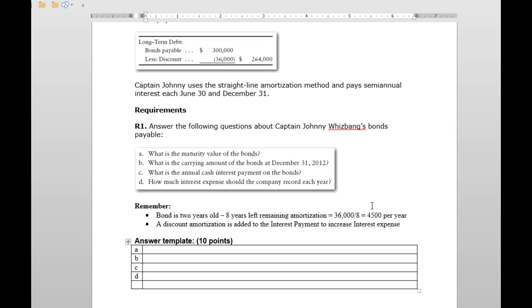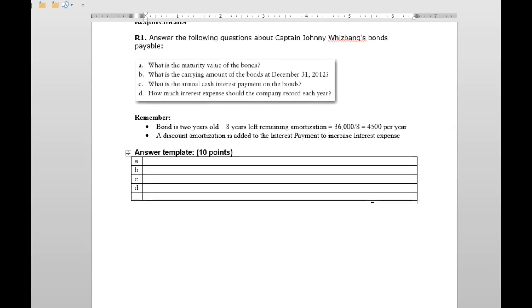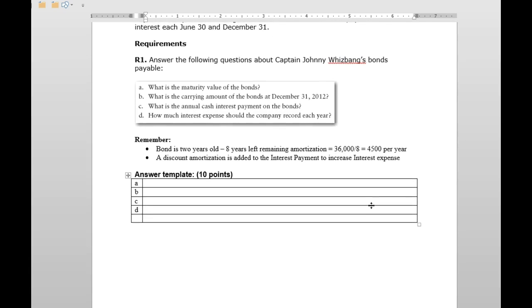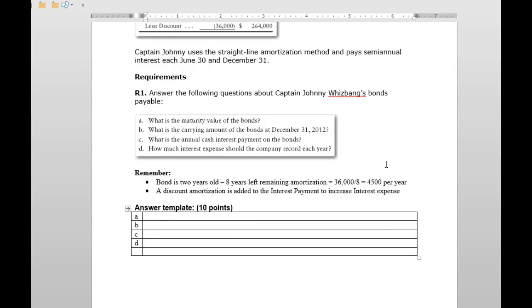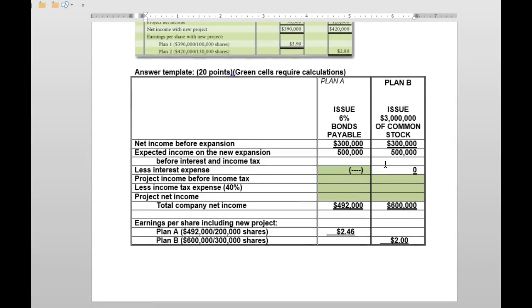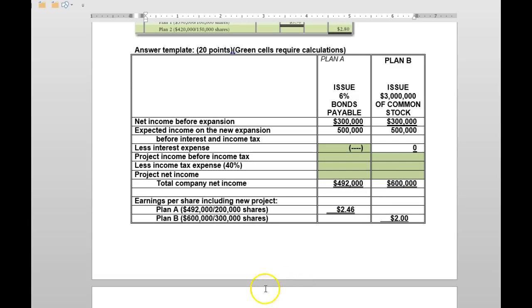So I'll let you play with that a while. And that concludes bonds. You need to remember premiums and discount rates and how they affect the interest expense of a bond.